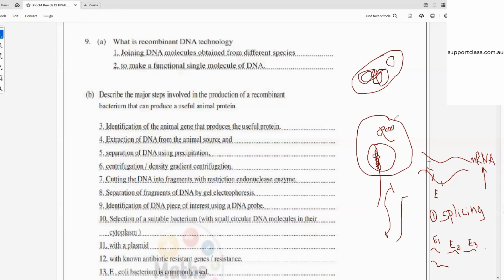Not all eukaryotic genes can express in a prokaryotic vector or prokaryotic environment. But some proteins have been successfully made, probably because they are not involved in splicing. So some genes have splicing, and some have no need for splicing, where one exon itself is the protein.